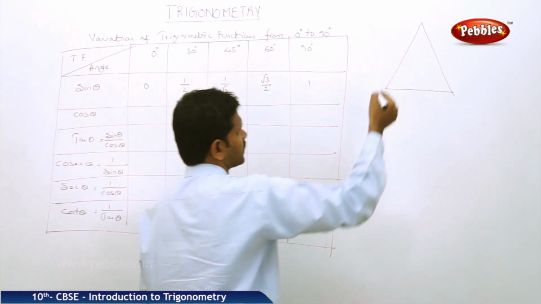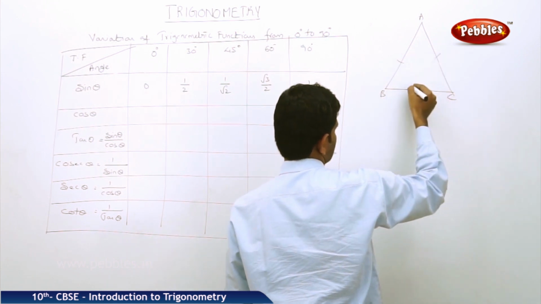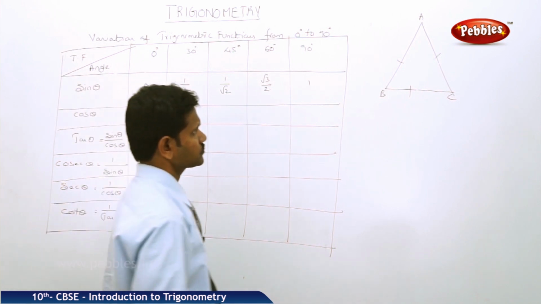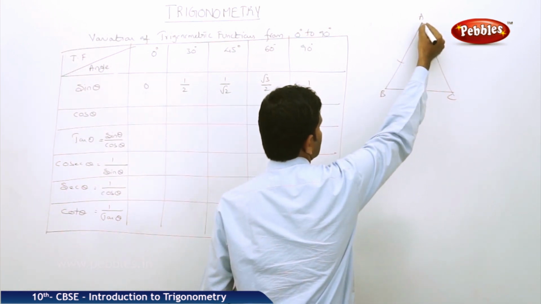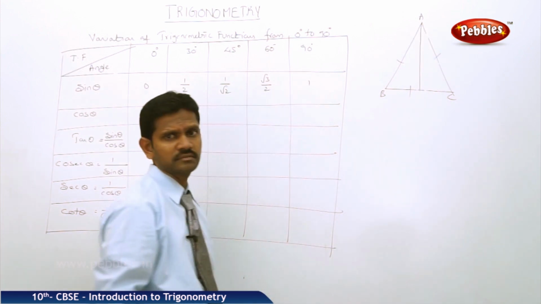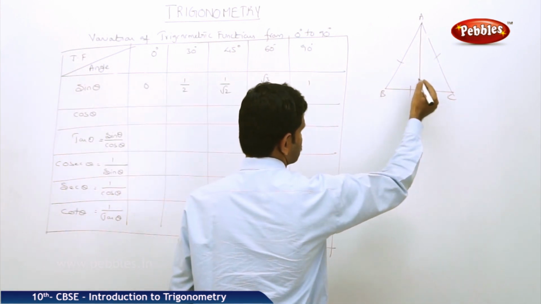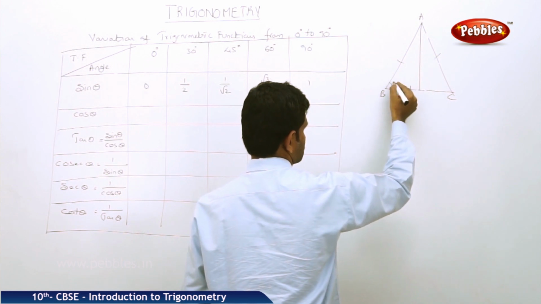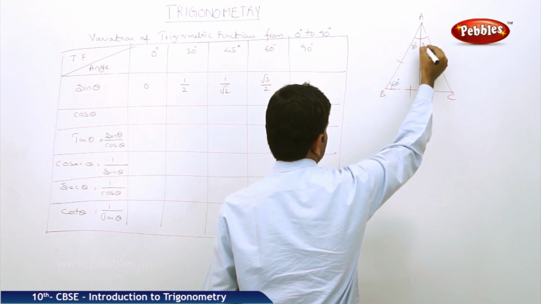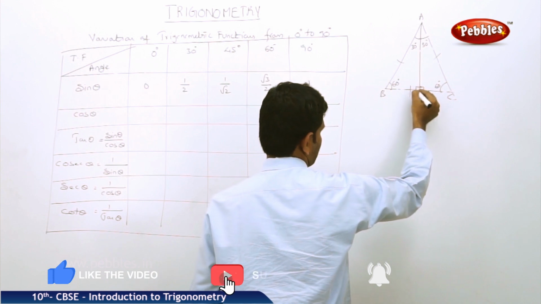Consider an equilateral triangle ABC, in which all three sides are equal. In an equilateral triangle, all angles are equal, that is, 60 degrees, which can be broken down into 30, 30 and 60, which is a right angle triangle.